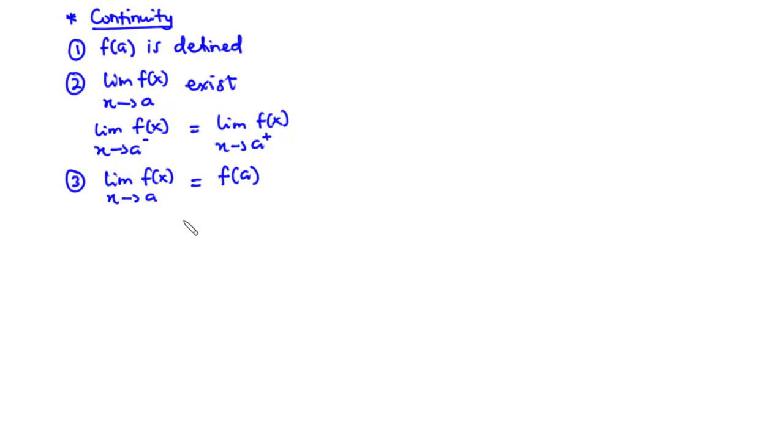Now before we talk about discontinuity of a function, we should understand that a function can be continuous only at one side. So let's say A, if the left hand limit is equal to f of A, then we say that the function is left continuous.